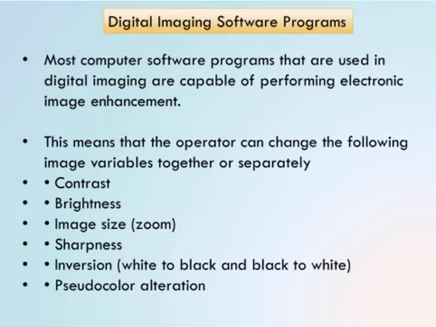So this means that the operator can change the contrast, the brightness, the image size, the sharpness, and the inversion, converting a white area into black and black into white, as well as pseudo-coloring the areas which you are looking at. For example, you can check the root canal and color it and invert the color as well.